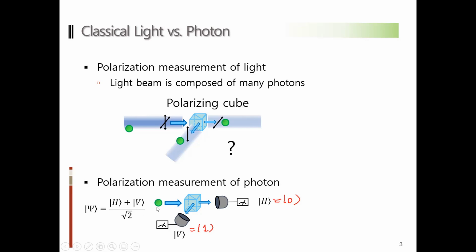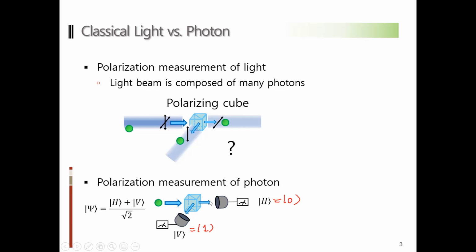So even though the incoming light might have both components, once it passes through this polarizing cube, or is reflected by it, there is no other choice for the polarization. This should have the H, and this should have the V.